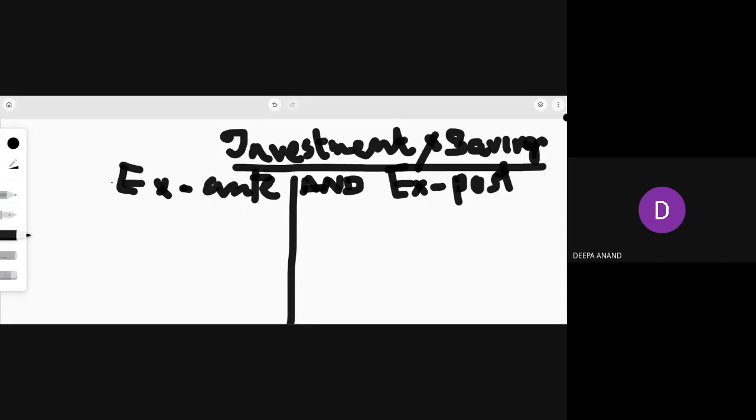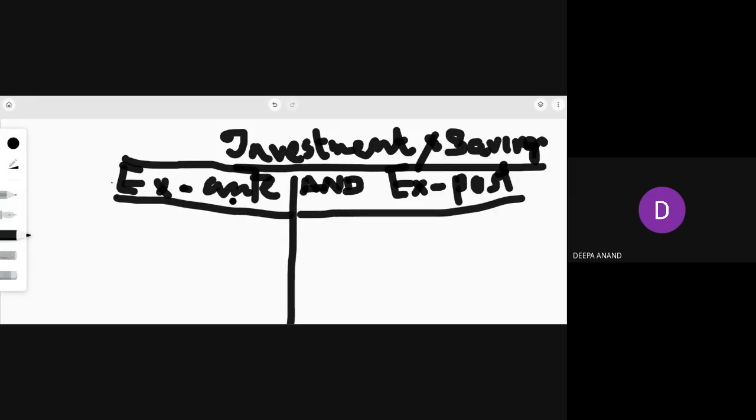So first of all, we will see what is ex-ante investment. First of all, you understand the difference between these two terms, ex-ante and ex-post. The spelling is ANTE. What is ex-ante? Here you just remember that ex-ante means the planned.